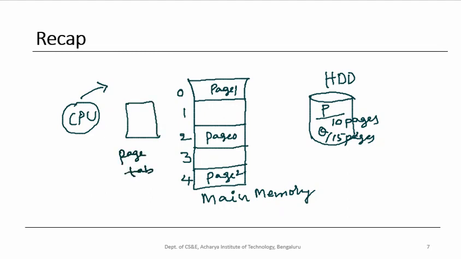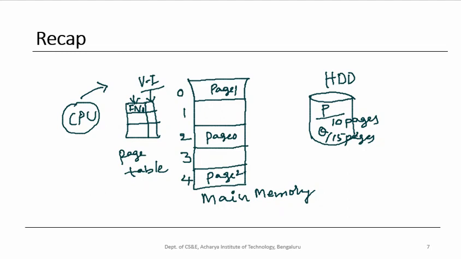As per our discussion in the previous class, the page table contains 2 fields. The first field represents the frame number, and the next field is a single bit field called the valid or invalid bit.